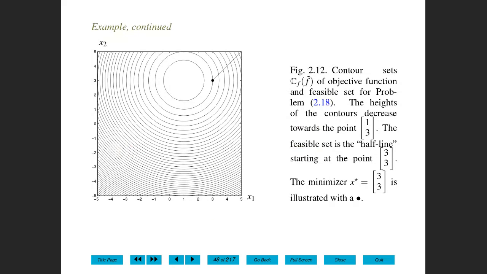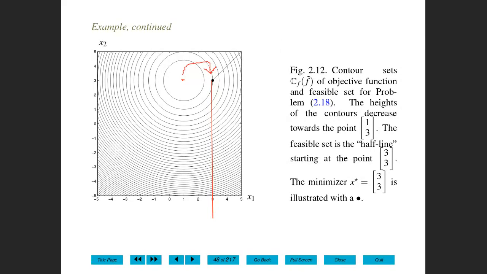You can see that the minimum value is 3, and then we go in this direction. And as you know, for the unconstrained case, the minimizer should be here. But because of this g of x, because of this h of x, the minimizer is kind of shifted.